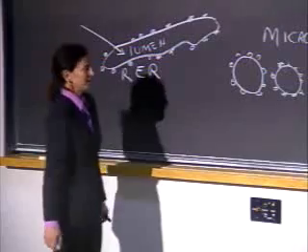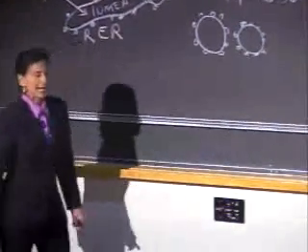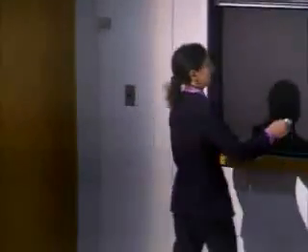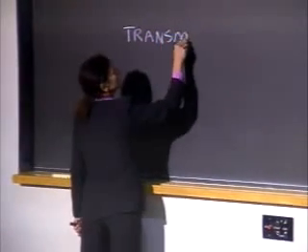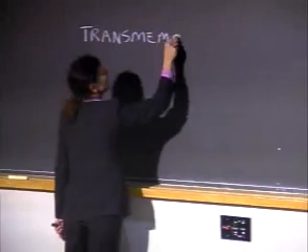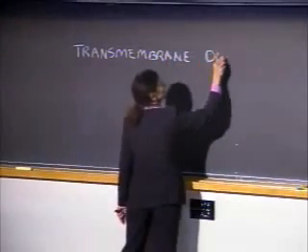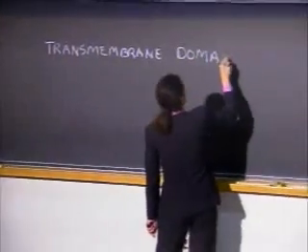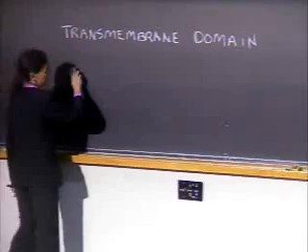So if it's a membrane protein, what does it have? It has a transmembrane stretch. You've seen this maybe before in problem sets. So it's a transmembrane stretch, or transmembrane domain. It's about 20, 22 amino acids long, can be 30 maybe.